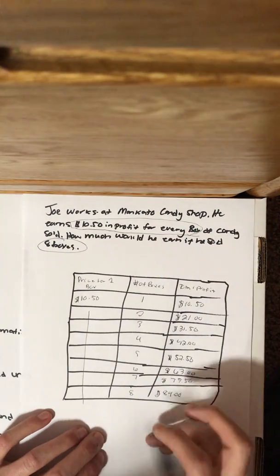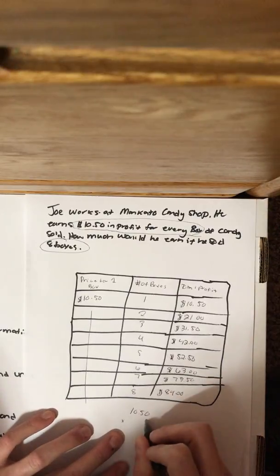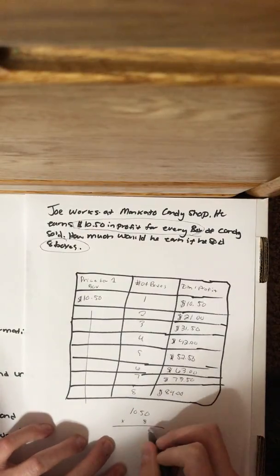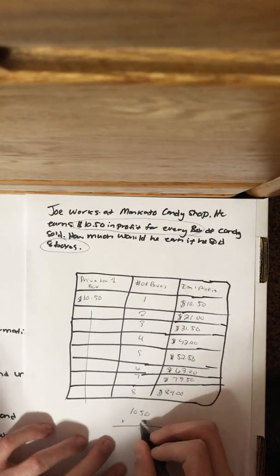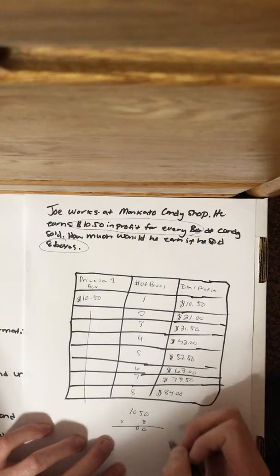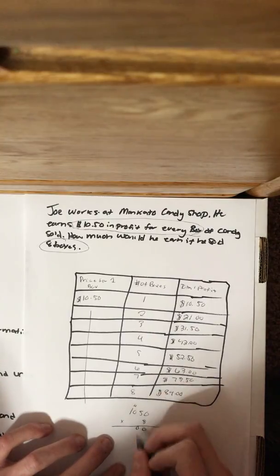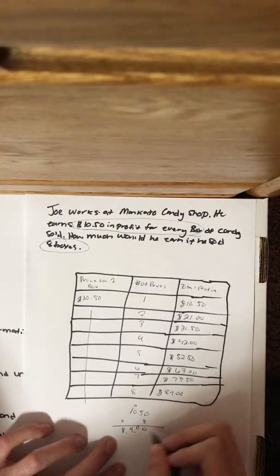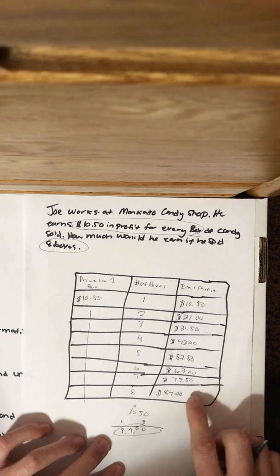So for this one, let's check it by going 1050 times 8. 8 times 0 is 0, times 5 is 35, or 30, no 40, I'm sorry. This is why we're doing our math problems here. Put the 4 up there, 8 times 0 is 0, plus 4, and lastly, so we get $84, which matches up with our chart over here.